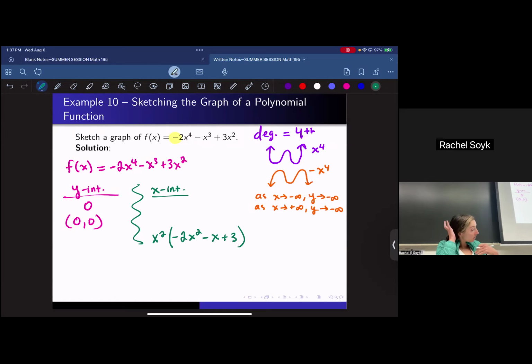And now from here, actually what I might do, because I don't like having this negative inside for that leading coefficient, is pull out a negative x squared so that inside the parentheses, it's going to be 2x squared plus x minus 3. You don't have to. I just personally think it's easier to factor when you do.